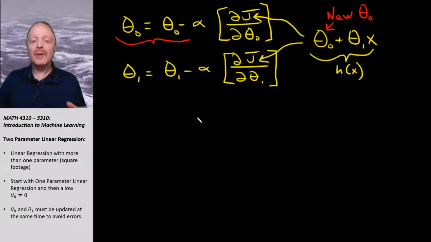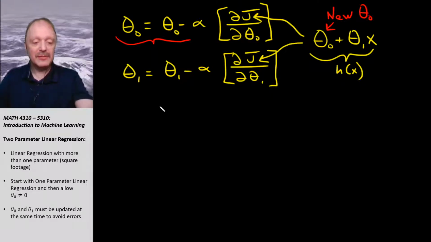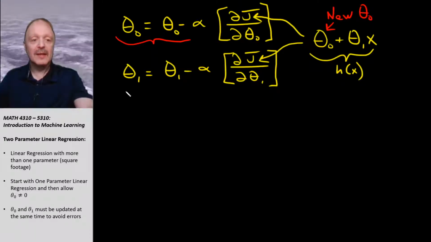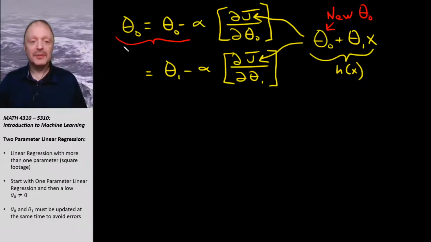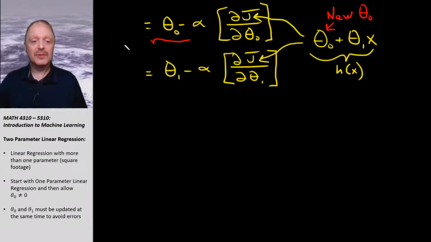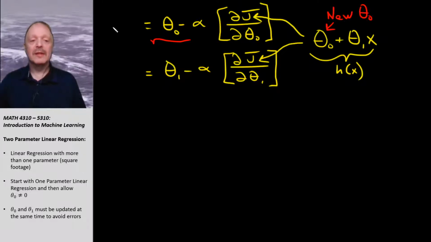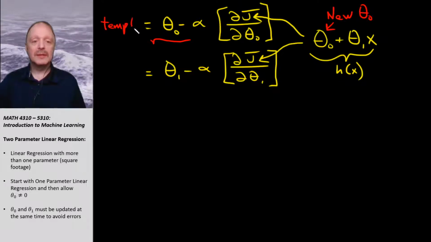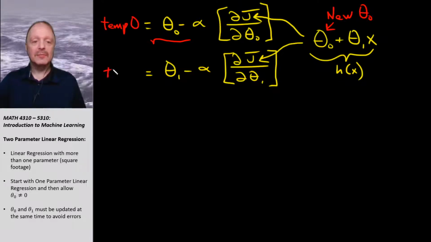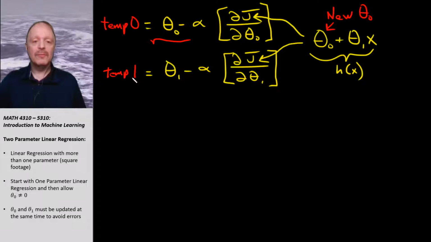So what we have to do instead is be a little bit clever, and not assign these two the values immediately. What we're going to do is assign the values to temp 0 and temp 1.